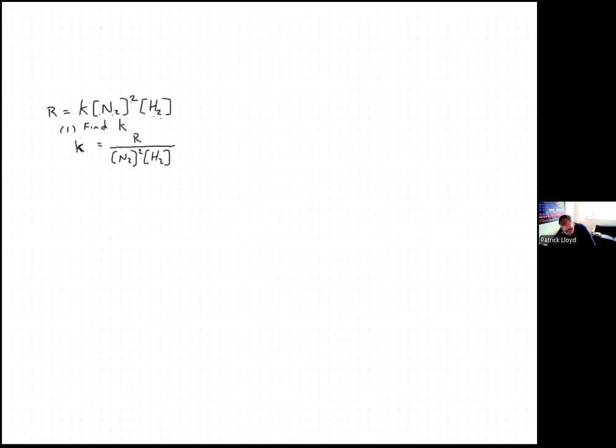Now we can just put in the numbers that are given. The initial rate for the first row was 0.572, and the units were molarity per second. So I'll write it like this, molarity per second.